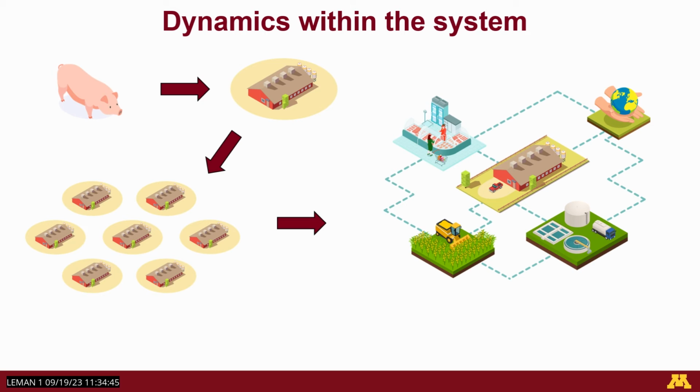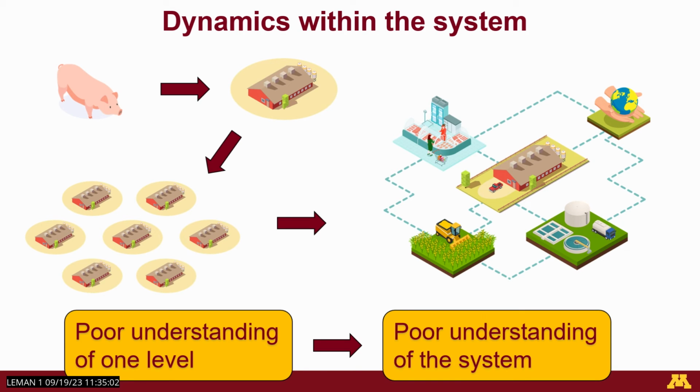So it's important to understand how these different levels of organization work, because they have different characteristics and need to be studied, so we can extrapolate data, study different levels, and study the entire system. Because if we have a poor understanding of one component of the system, we'll have a poor understanding of the entire system. So our goal is to understand the different parts that form the system, basically to make everything more efficient. This will be the main point of my presentation.